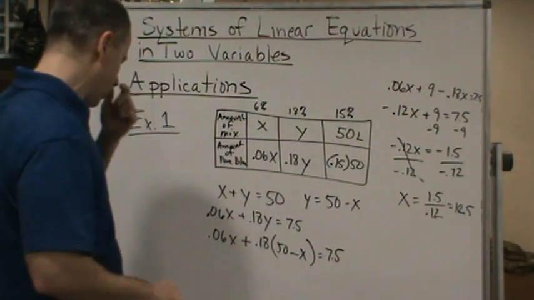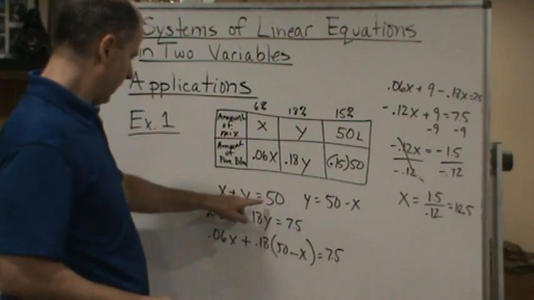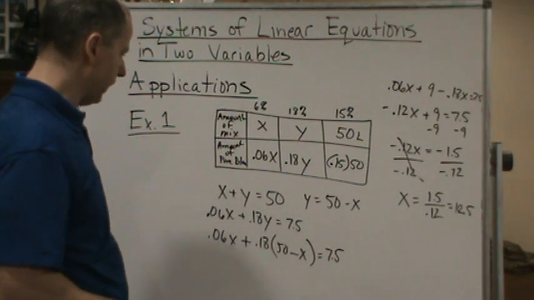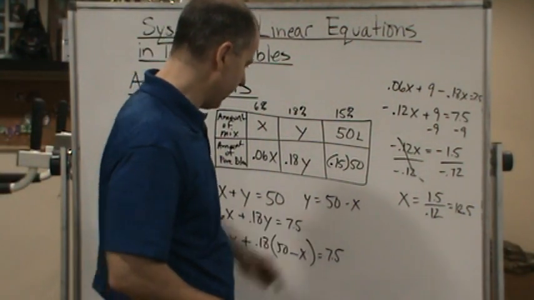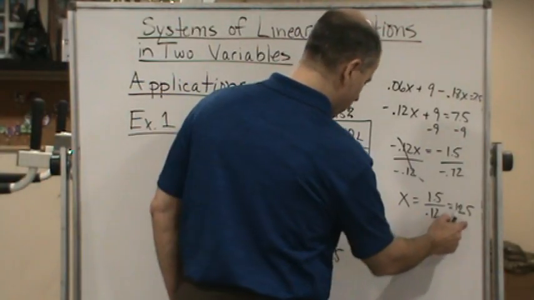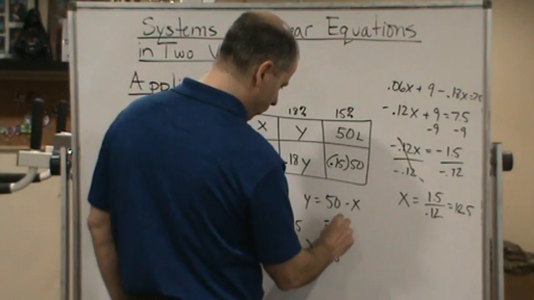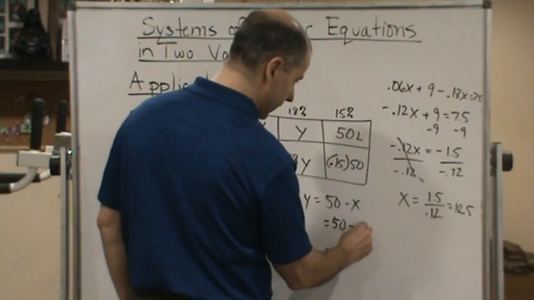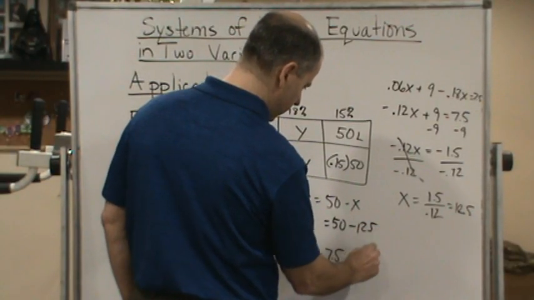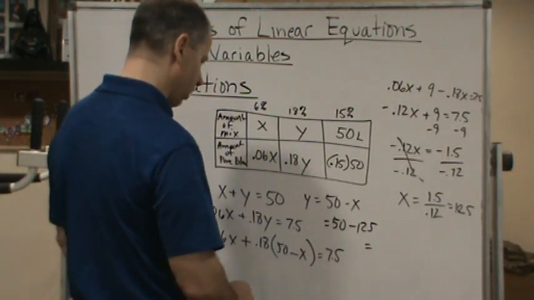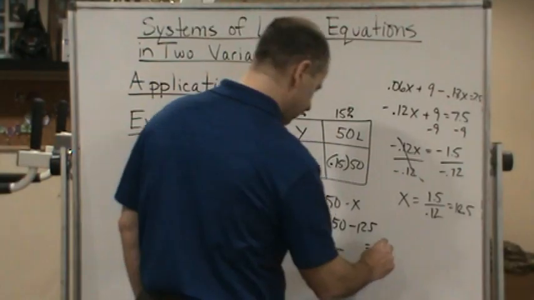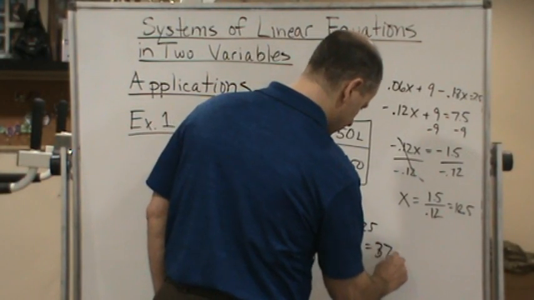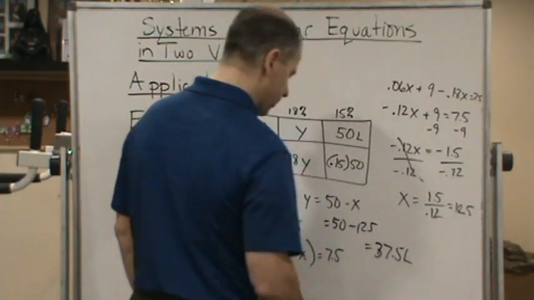And now all I have to do is use this equation here. I'm done, right? Because y is equal to 50 minus this. So if this is 12.5, then y equals 50 minus 12.5, which is going to equal 37.5 liters. So that's the answer.